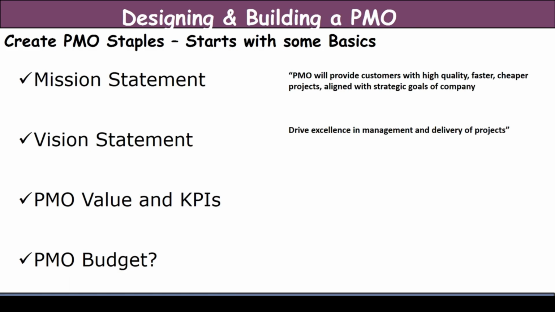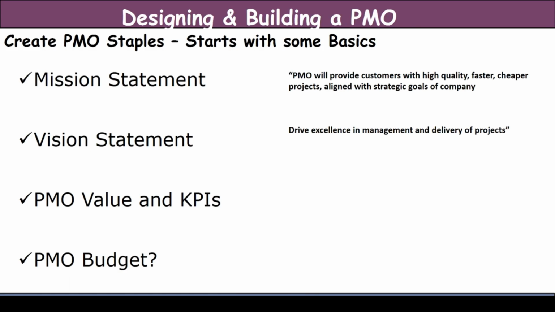These are staples. These are must-haves. These are no different than what finance would put in their organization. This is no different than any of them would really put in their organization. Right? Any finance or IT or marketing, everyone has a mission statement, everyone has a vision statement, and I strongly suggest you get those set up for your organization as well.